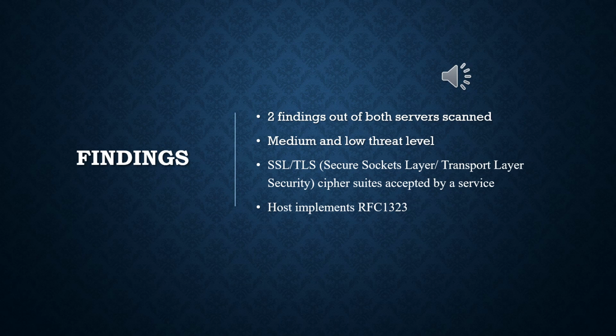And the next one was the host implements RFC 1323. Next I will be going over a few of the remediations that can be done for those findings, so that the server can come back with zero threat level. Although these two were still low in nature, they still need to be remediated.